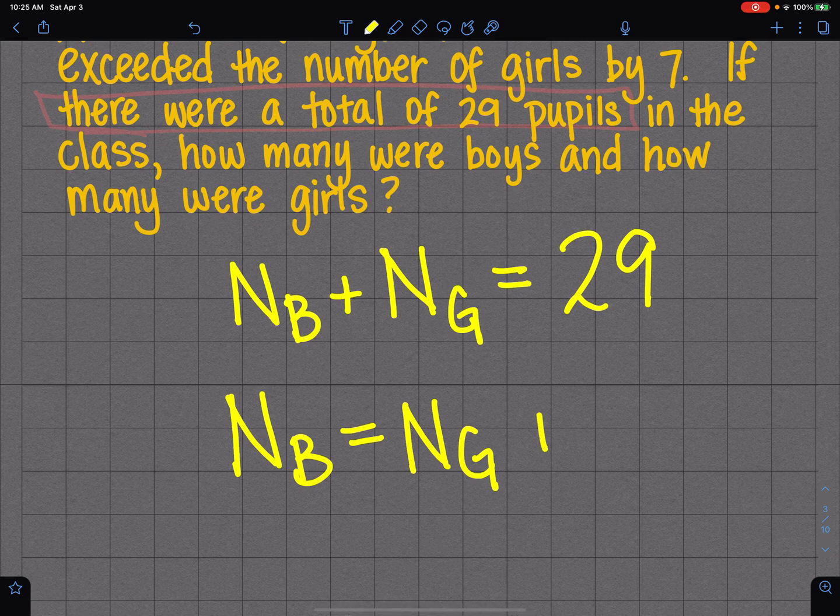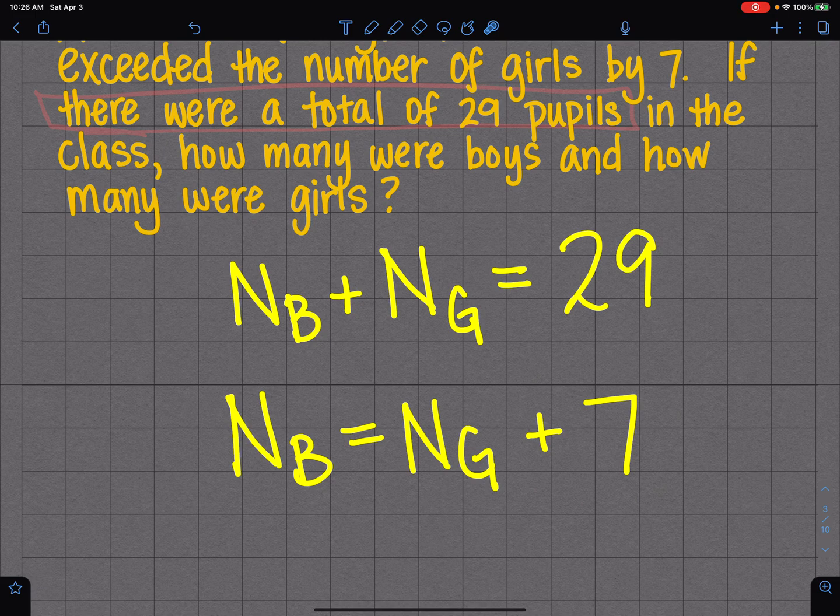I have to add it to the girl side. That way the equality is true. The number of boys is going to be equal to the number of girls plus 7 because there's less girls, right? So write something that you know is false and then figure out which side you have to add that number to make it true.